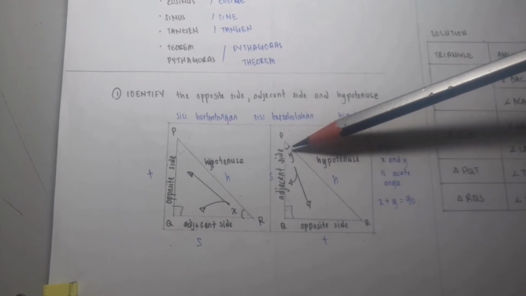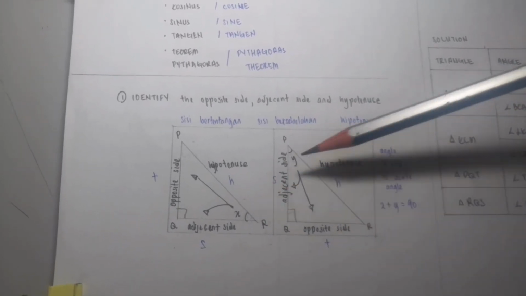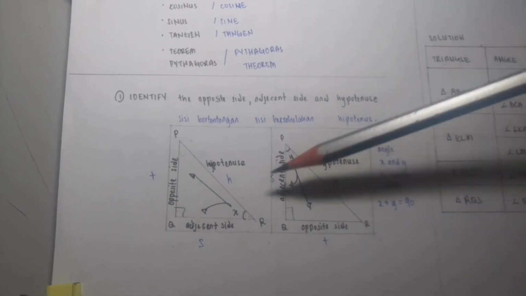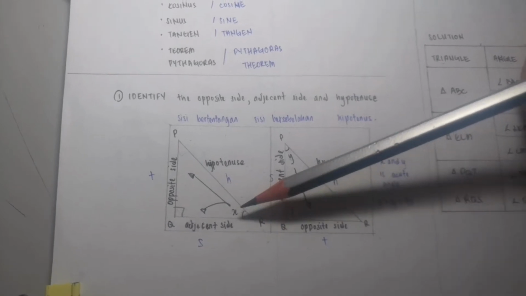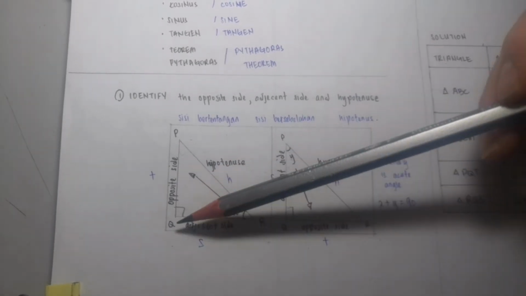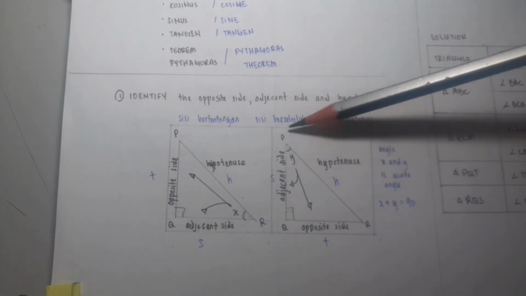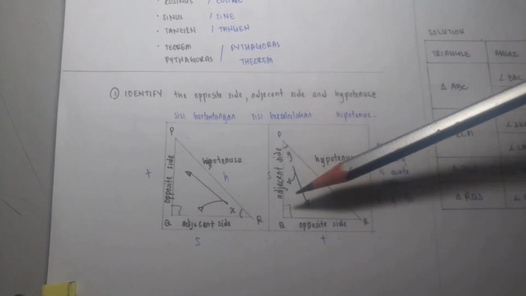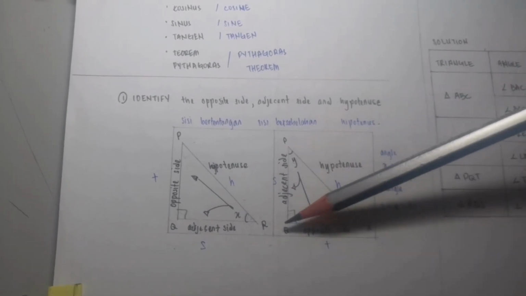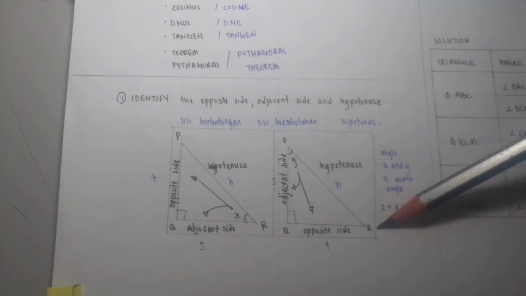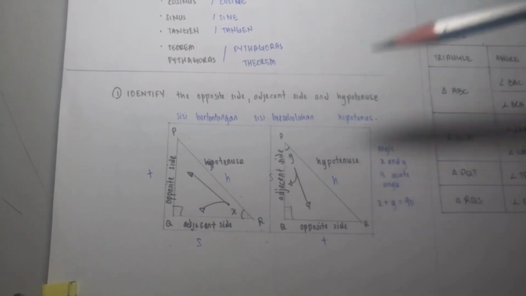The opposite side changes because the angle has changed. So when the angle is here, the line opposite it is QP. When the angle is at y, the opposite line of y is QR. Isn't it very easy?